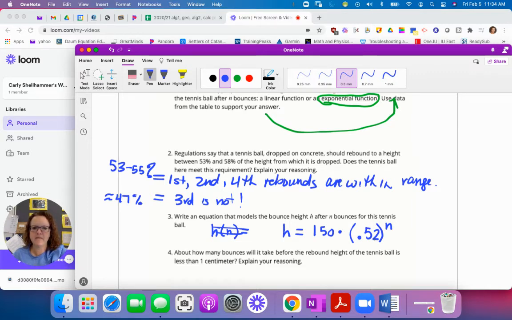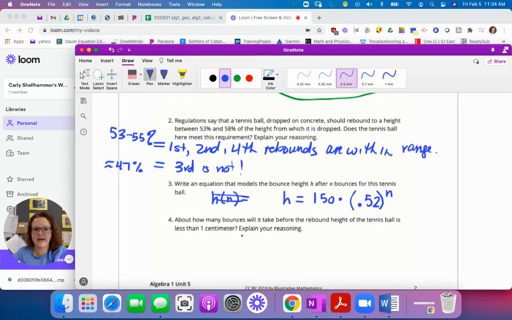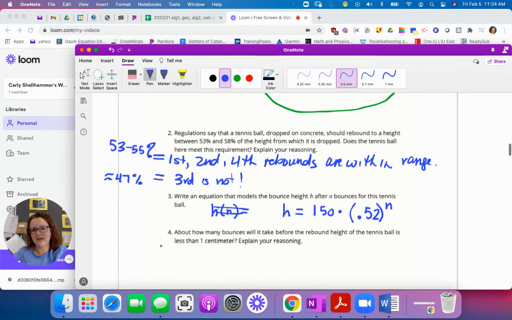All right. About how many bounces will it take before the rebound height of the tennis ball is less than 1 centimeter? Explain your reasoning. Well, we know that we can get to 4. I'm just going to guess. So what happens when n equals 5?